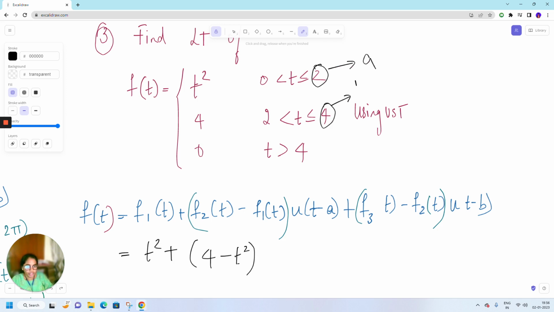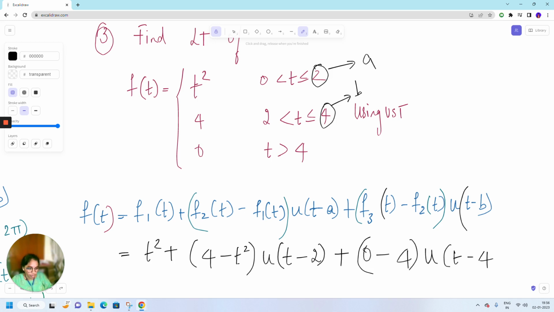In place of b, I have b. Okay, that is u of t minus 2 plus, in place of f3 of t, what do I have? I have 0 minus f2 of t, which is 4, into u of t minus 4.